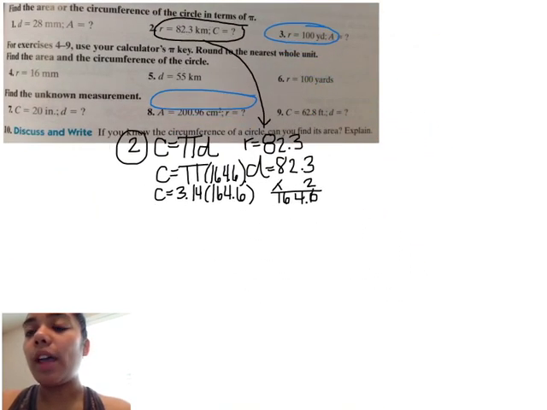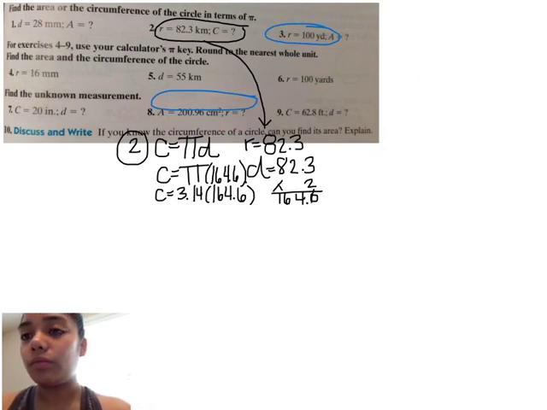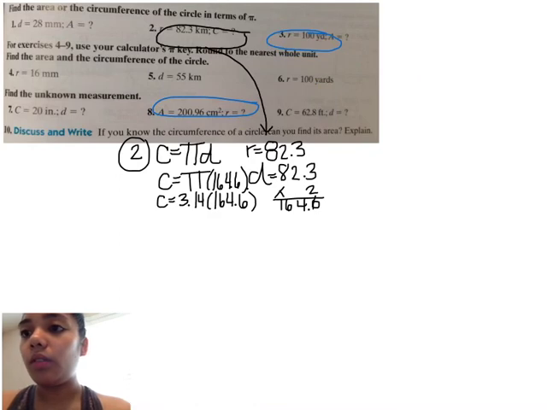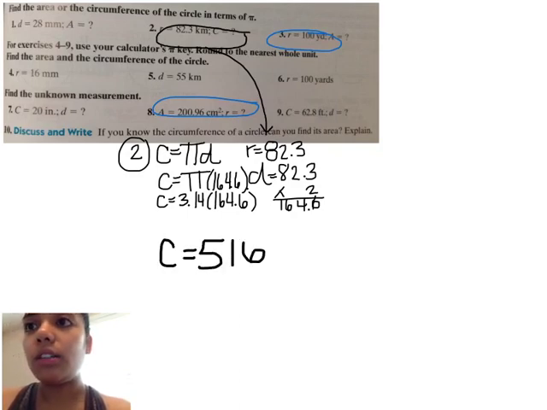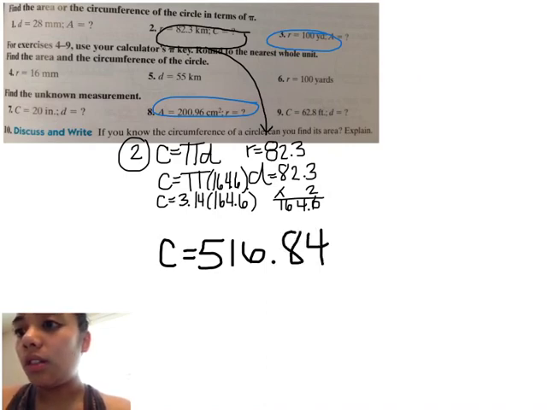And when I multiply that out, I should get circumference equals 516 and 844 thousandths. And does it say to round? It doesn't, and this is kilometers.